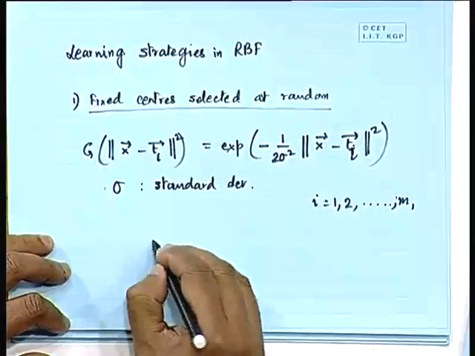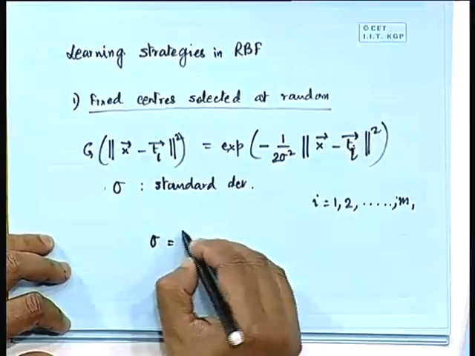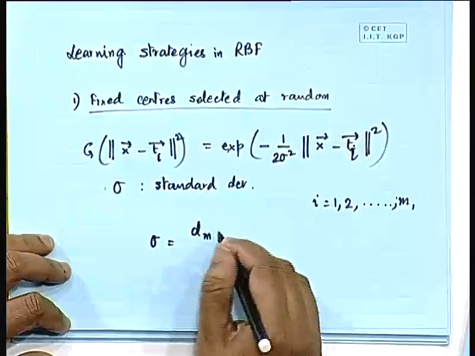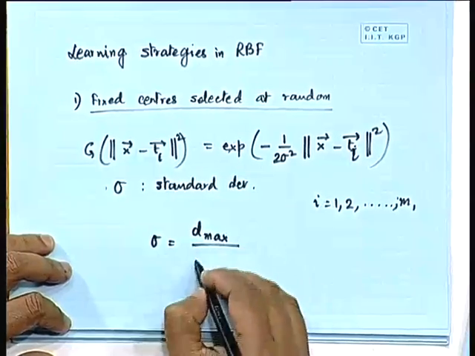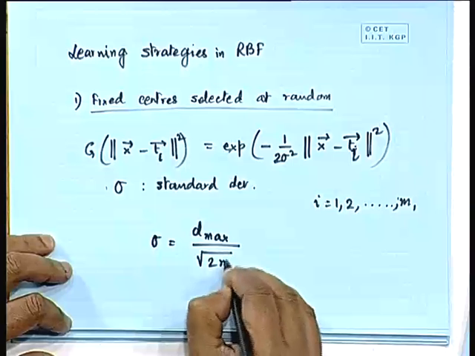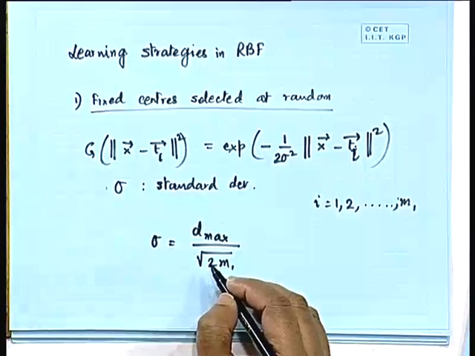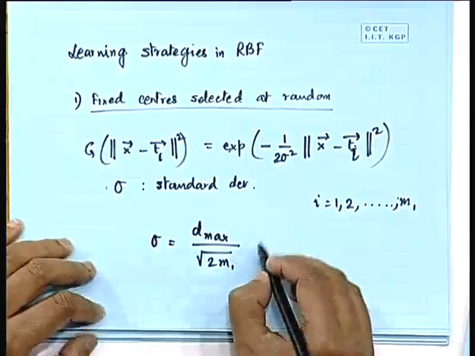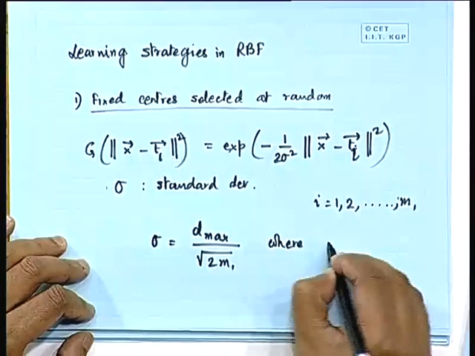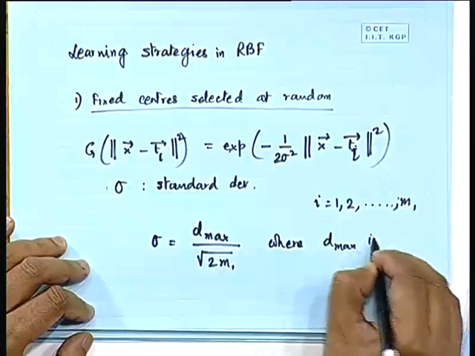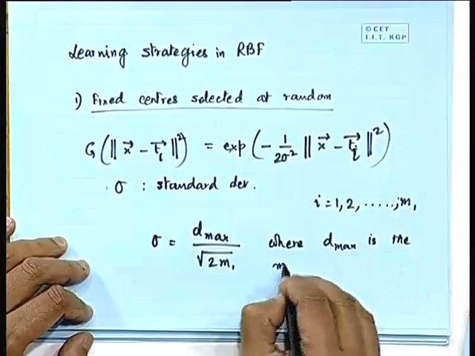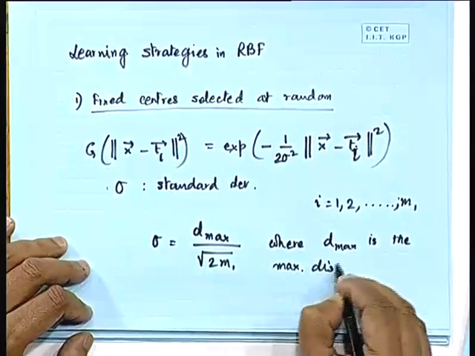One of the norms which people have followed in choosing sigma is to choose sigma as d max by root over 2 M1, where d max is the maximum distance between the chosen centers.